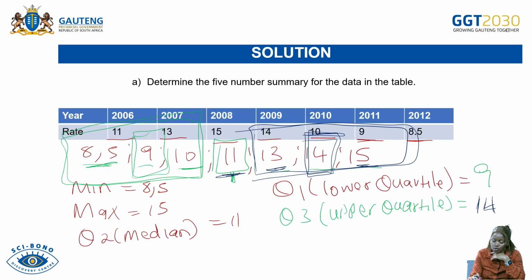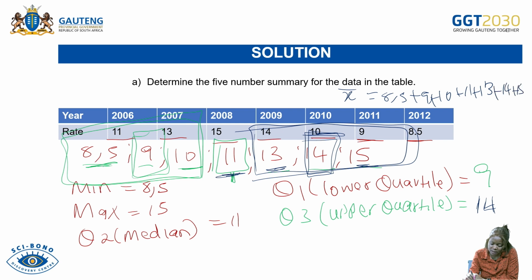So what do you do if you are not sure? You go and you check your mean and your median. So my mean here, you just add all your values. Your X bar will be given as, you add 8,5 plus 9 plus 10 plus 11 plus 13 plus 14 and plus 15, ne? And then you divide by the total number, which is 1, 2, 3, 4, 5, 6, 7, which is 7.